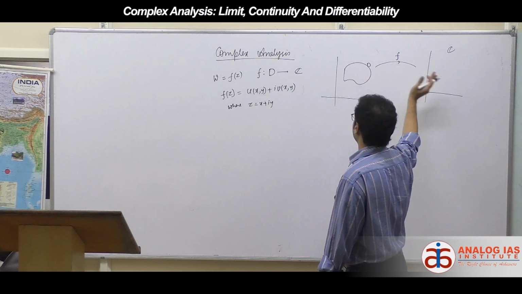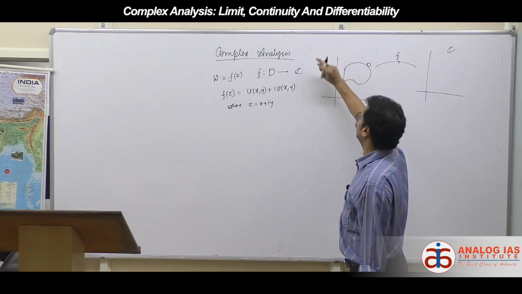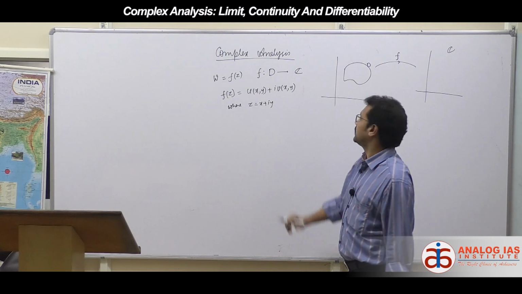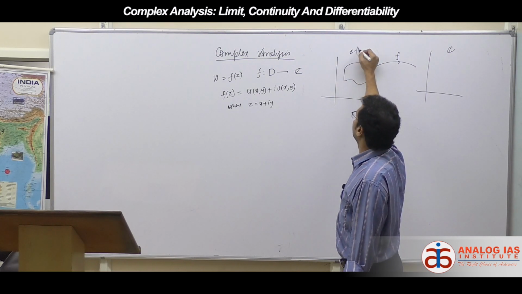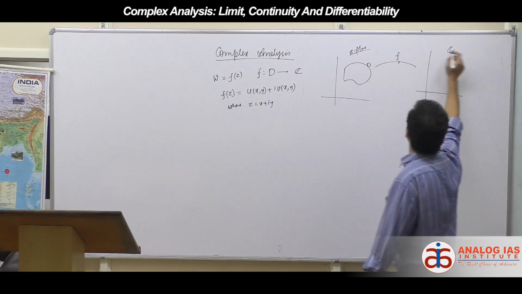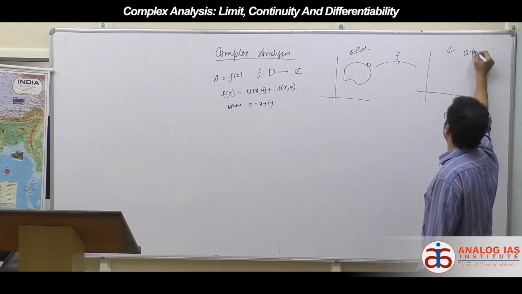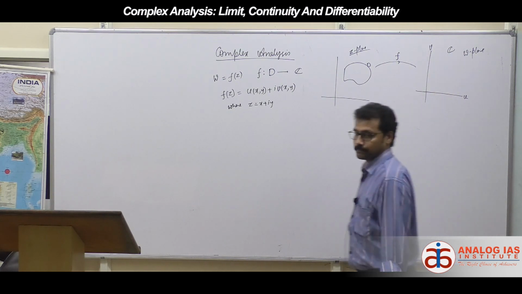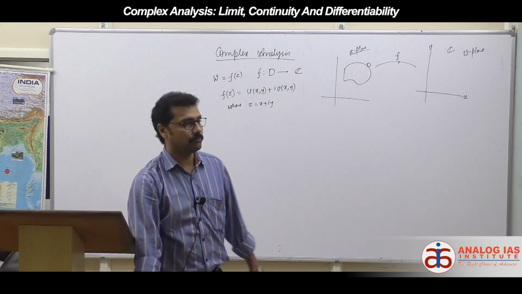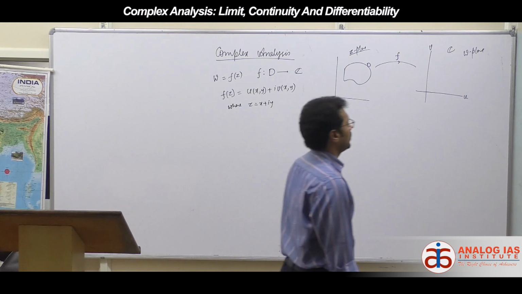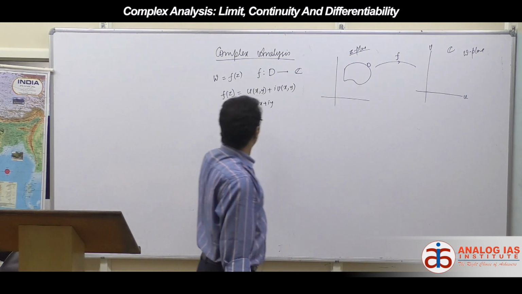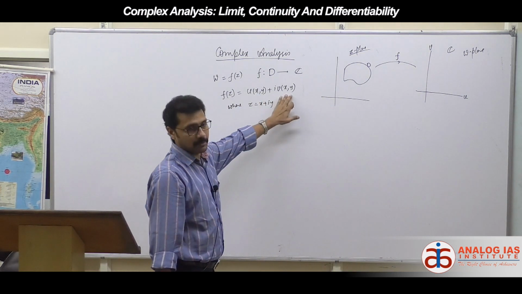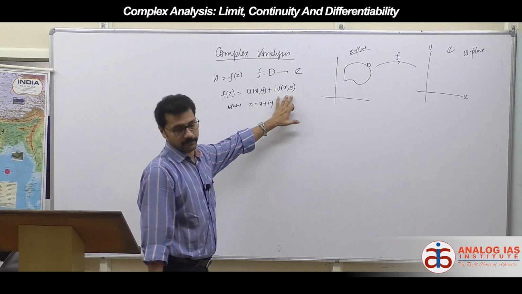Generally, both of them are complex planes by themselves, but for our convenience, we treat this as the Z plane and this as the W plane, in which this is U and this is V. Okay, UV plane or W plane. So W equal to U plus iV becomes our complex function.